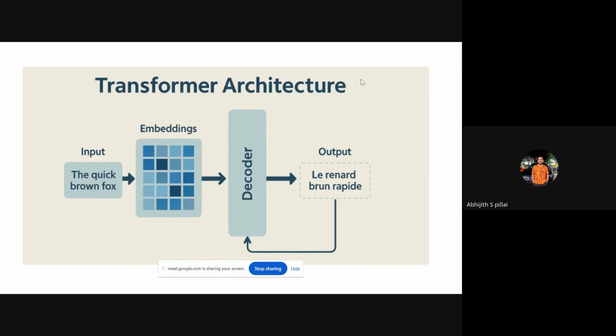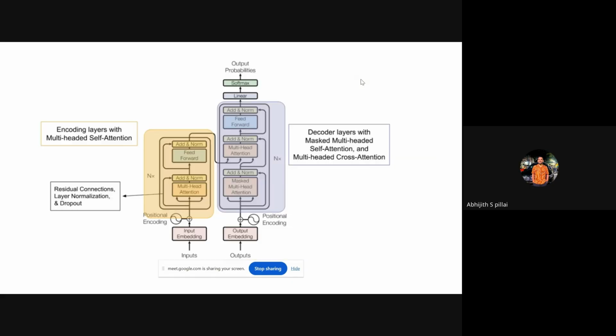It has an encoder and a decoder. We give it some data, the data is encoded, it does some processing, and after that it is decoded into human language. That is the exact function of a transformer.